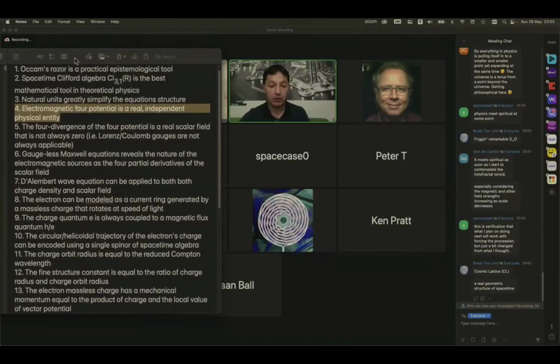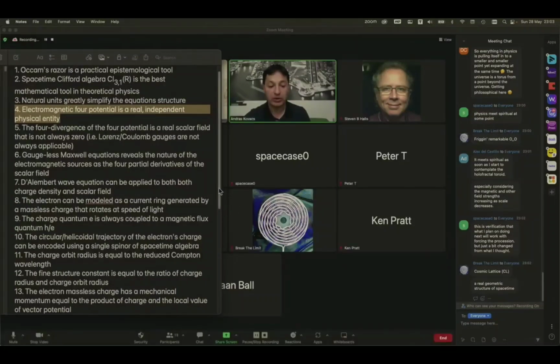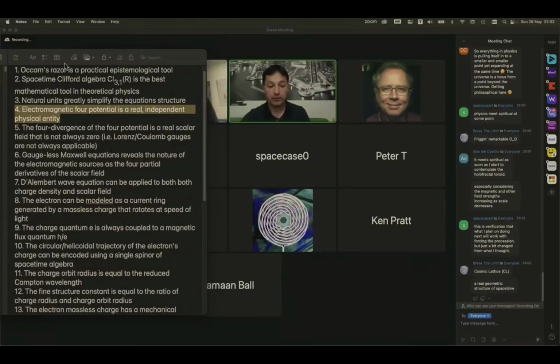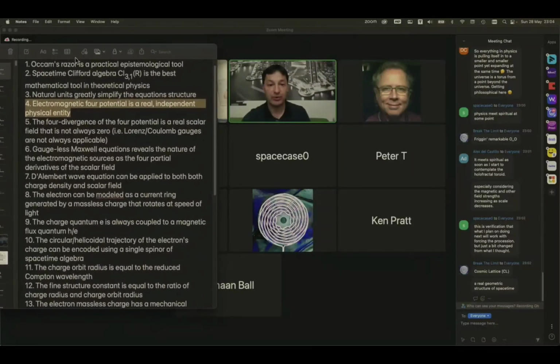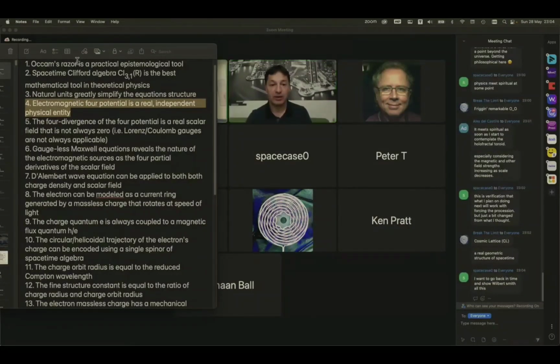Now, Giorgio's opinion, and I share his opinion, is that elementary particles do measure the potential, because the electron's mass and the proton's mass are related to their potential. So we say that it's not true that only electric and magnetic fields are measurable. The potential is also measurable, and elementary particles' mass is actually a measure of their potential.